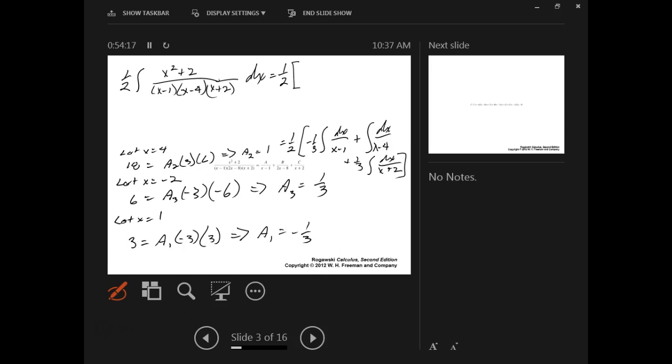Integrating this right here, put the 1/2 out front. Log, I'll put absolute value x minus 1. Okay, you left off something. You want that in front of the log? Yeah. That'll be fine. -1/3 log absolute value x minus 1.